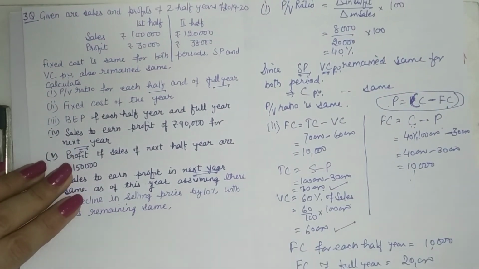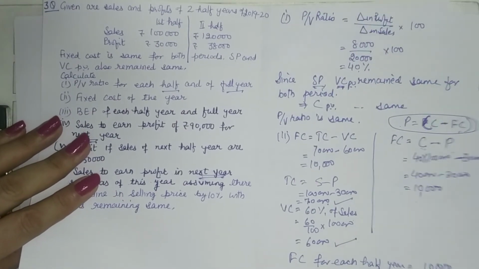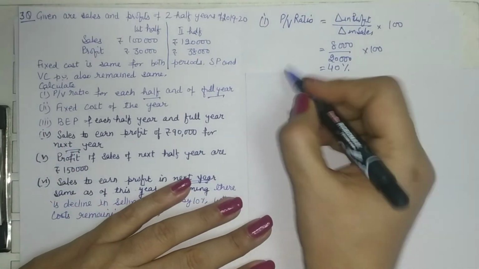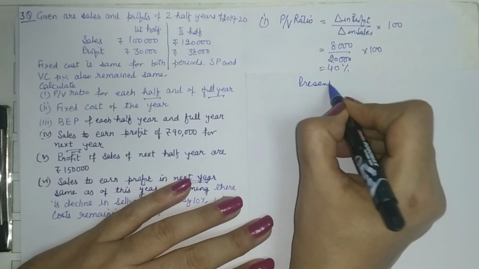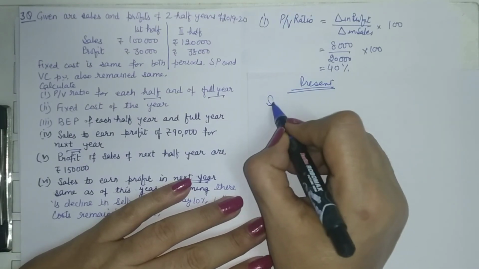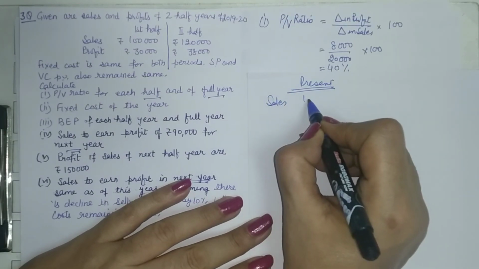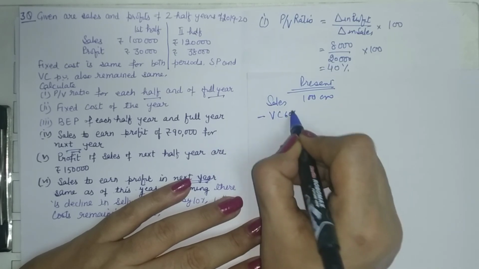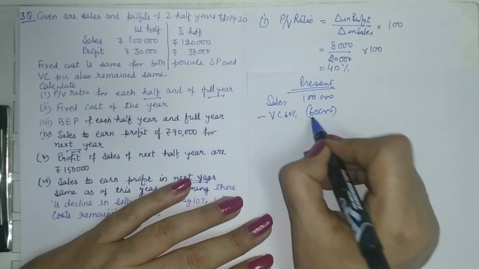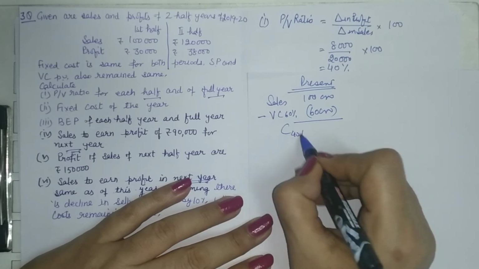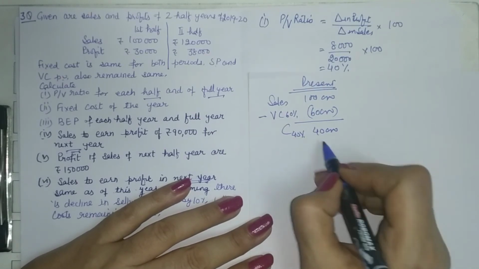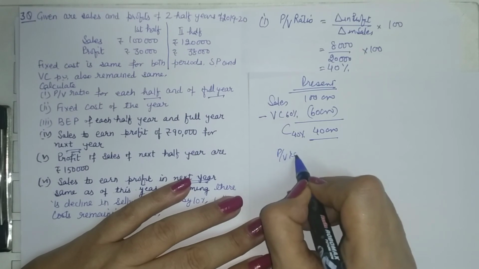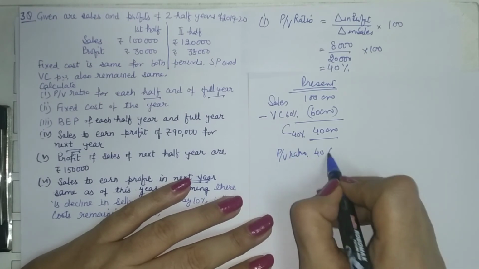So if you revise the calculation, the revised PV ratio will be, so present scenario is, you can take up any information, say 1 lakh. Okay, variable cost 60%, contribution 40%. Okay, and PV ratio 40%.